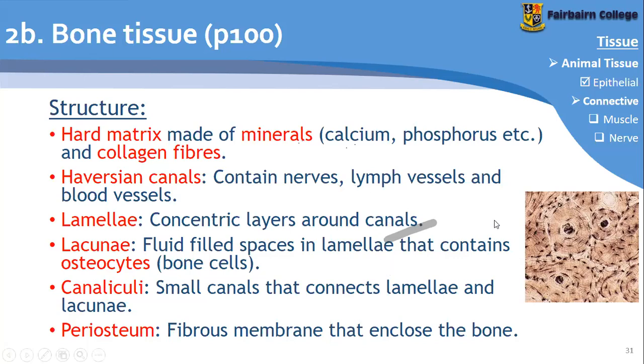So maybe it's a good idea to quickly move over to this diagram. This is actually quite confusing, and I usually spend a bit more time in class on this. When we look at bone, you think of large bones where you can clearly see everything that's going on.